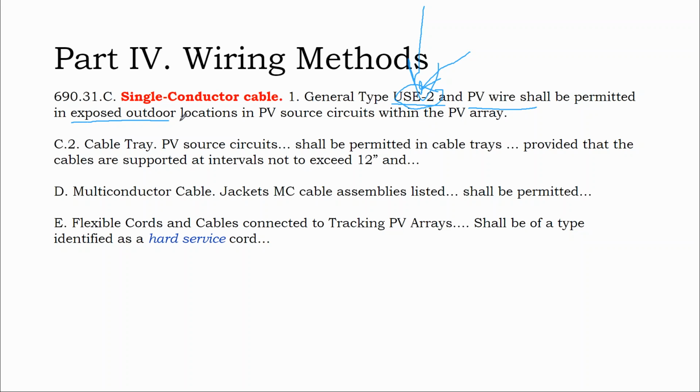But it says in exposed outdoor locations and within the solar array. So code is saying, look, this PV wire has a very thick jacket. We want you to transition into a thinner jacketed cable when you go inside the house and make it back to the inverter. Or they keep it outside.